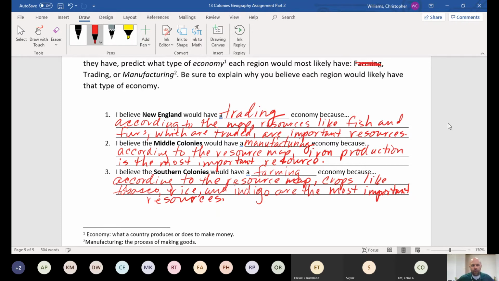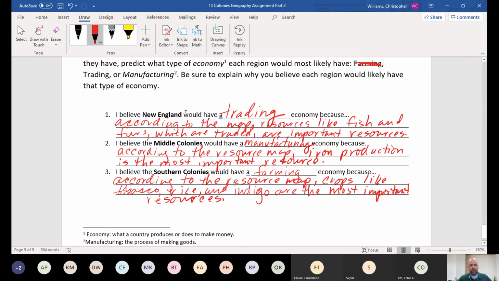Now, the reason why we're doing this is because we have to identify how these regions are going to survive living in North America, living 3,000 miles away from their home country of England. How are they going to survive over here? And the ways that they're going to survive are going to be different.